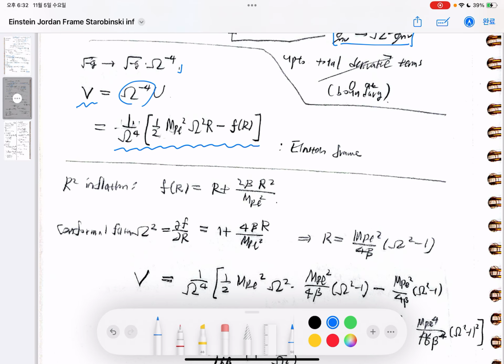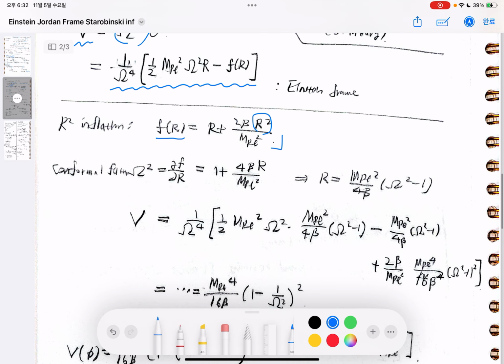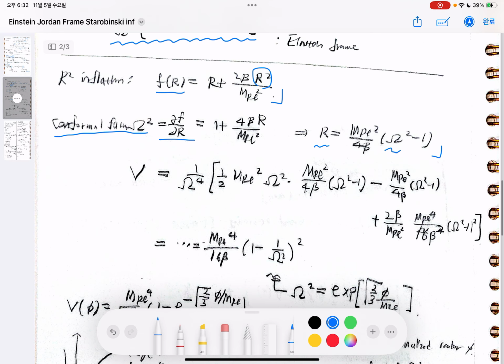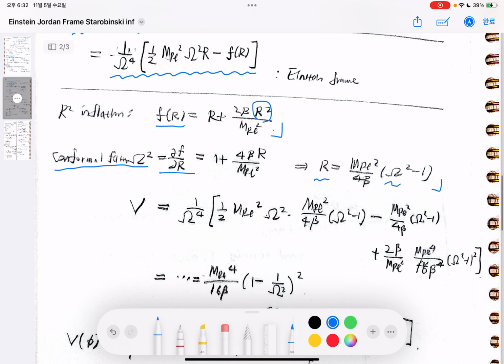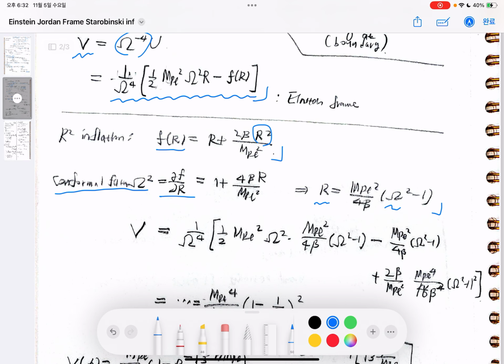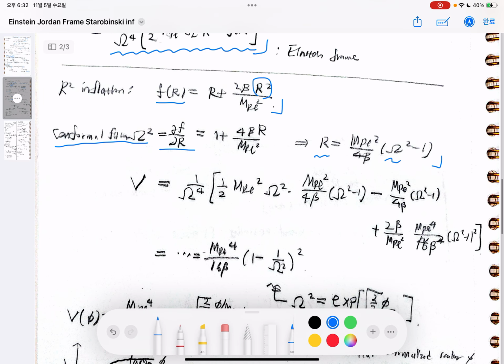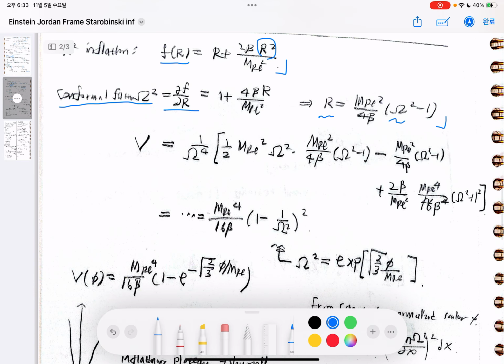For R squared inflation, in Starobinsky inflation, f(R) has the following form, including the R squared term, and the conformal factor Ω squared can be obtained by partial f over partial R. Then the relation between the scaling factor and the Riemann curvature can be obtained algebraically, and by using the above formula for the potential, we can obtain the scalar potential in terms of the scale factor.